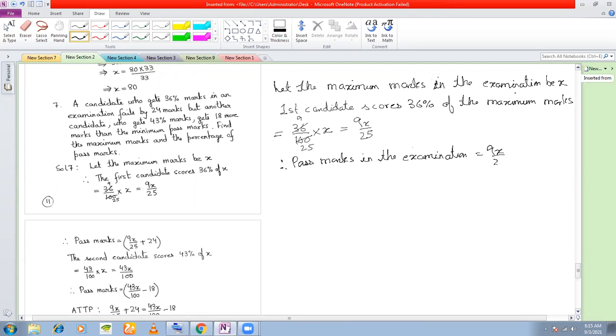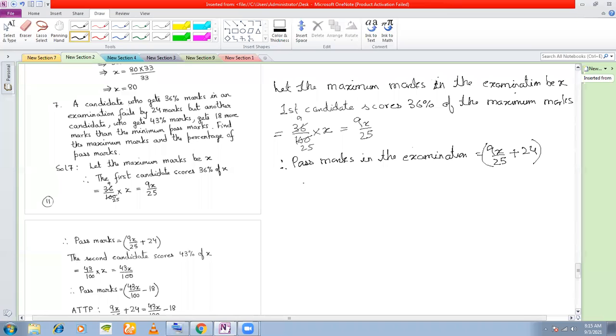Marks that he gets plus 24. So if he had got 24 more than what he got, then he would have passed. So that means 9x by 25 plus 24 must have been the pass marks.